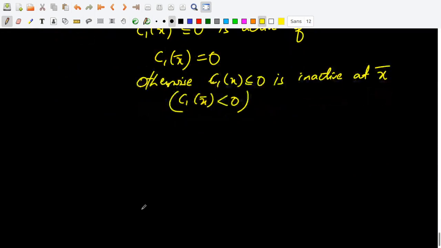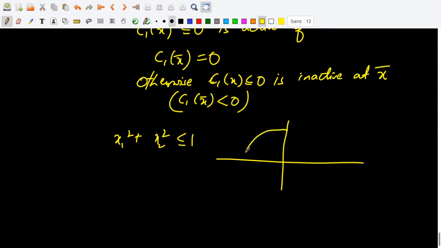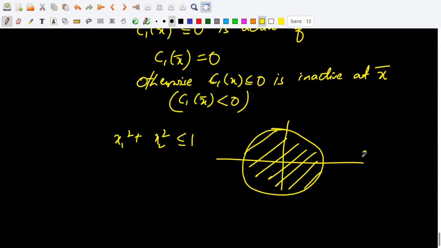Okay, so geometrically, suppose I have some nonlinear constraint. Suppose I say x1 square plus x2 square less than or equal to 1, and if I look at the feasible region, it's the region inside a circle. x1 and x2 are on my axis.